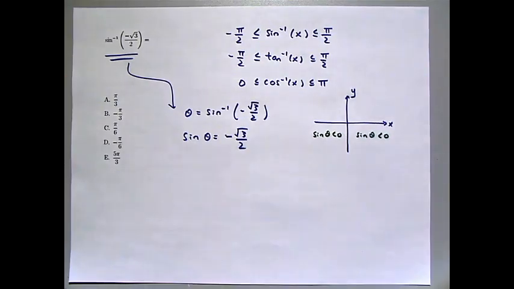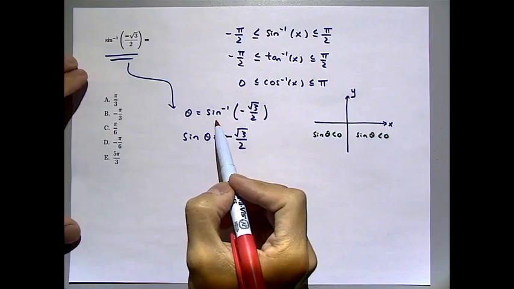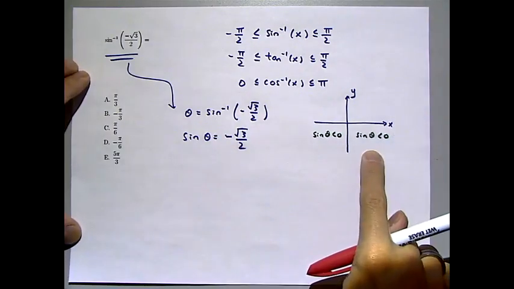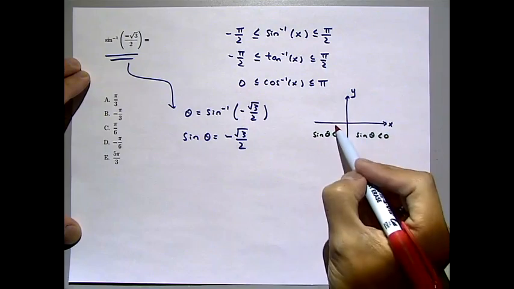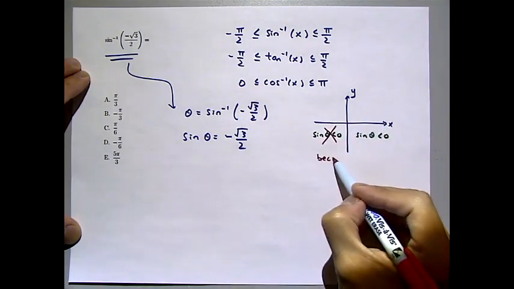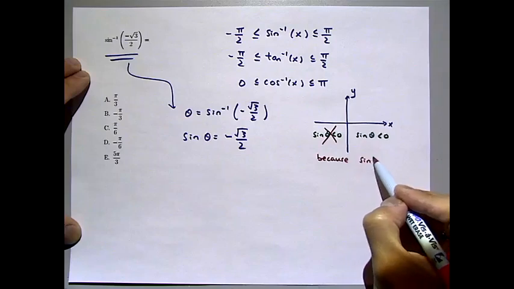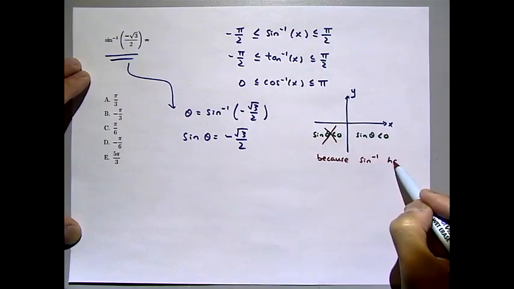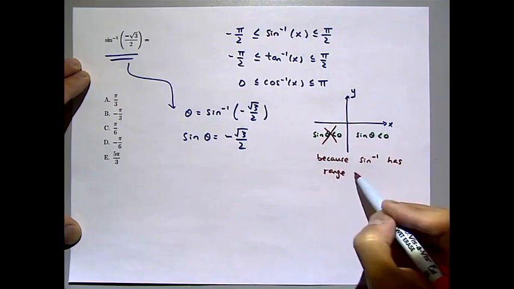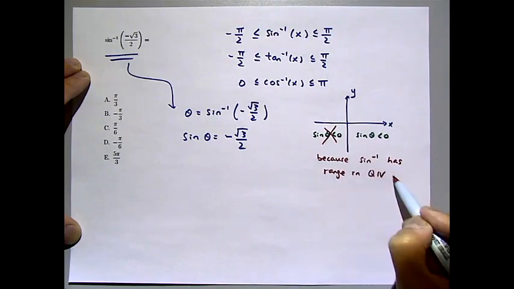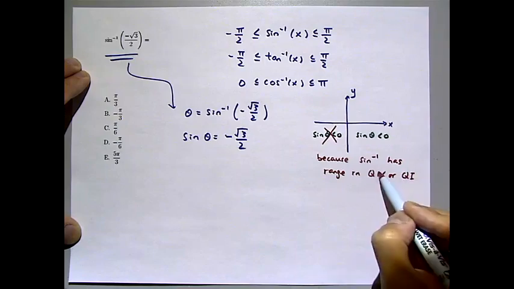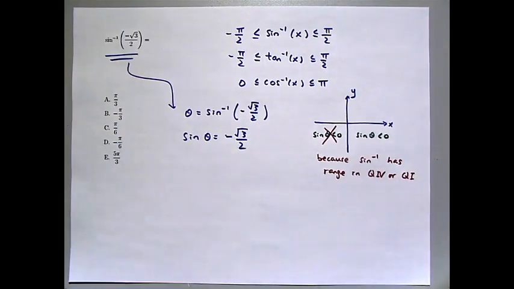It's either in quadrant 3 or quadrant 4. But because we're dealing with an inverse sine here, we are restricted to just quadrant 4, right? So this cannot be it. Quadrant 1 or quadrant 4. So even though a quadrant 3 angle would also fit the description that has a negative sign, it cannot be the right answer. It's got to be the angle in quadrant 4.